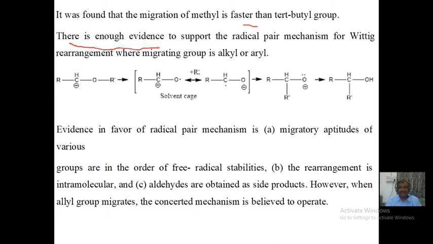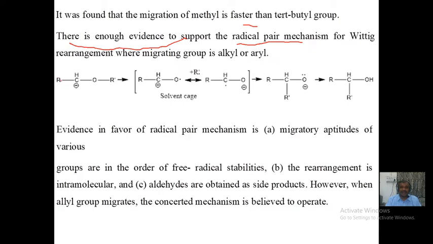There is enough evidence to support the radical pair mechanism for Wittig rearrangement, where the migrating group is alkyl or aryl. Radical pair mechanism: radical means dots, free radicals, and pair means there will be two such dots, friends, right?